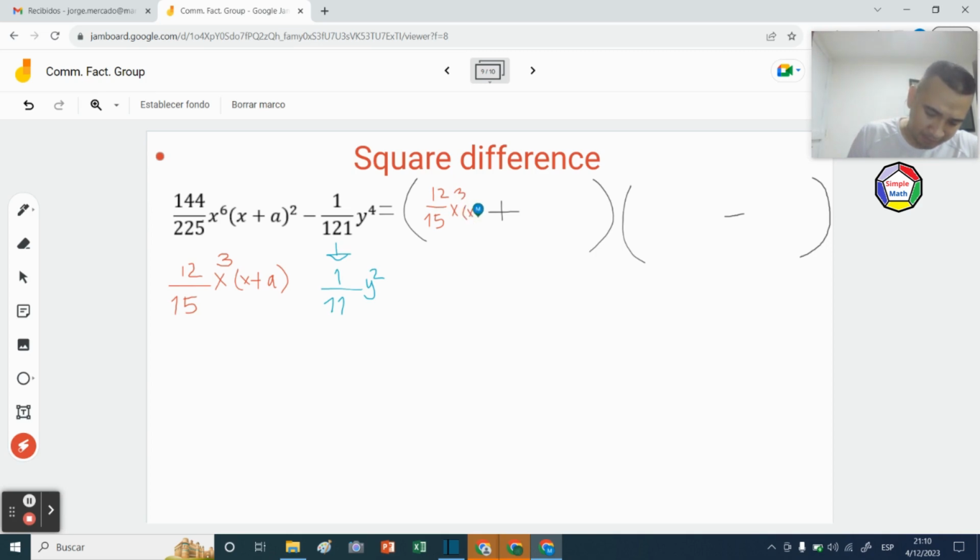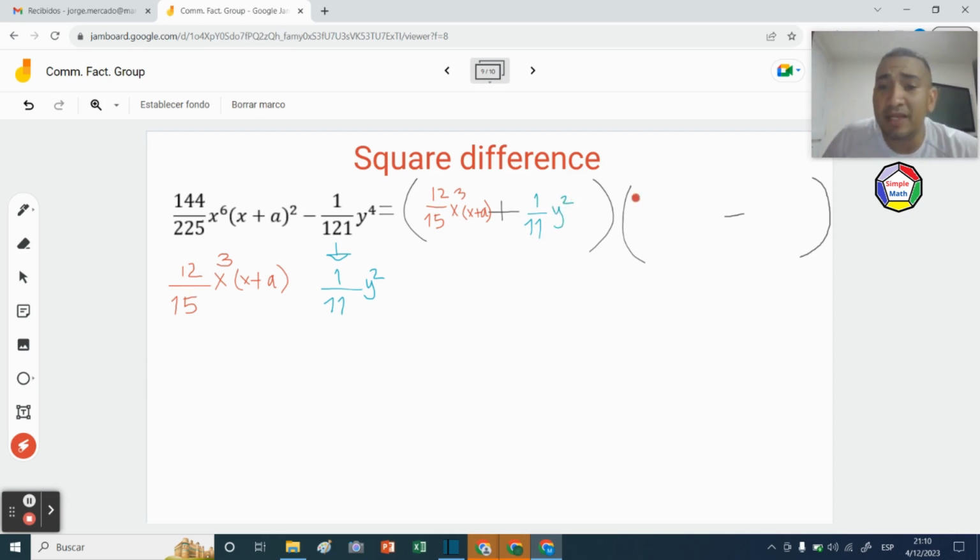This square root of this term, we write it here, and here we write the blue square roots. Here I'm going to write 1 over 11 and y exponent 2, like this.